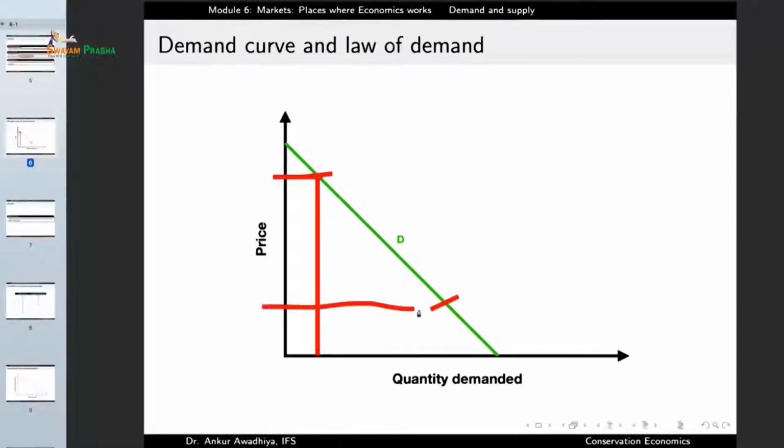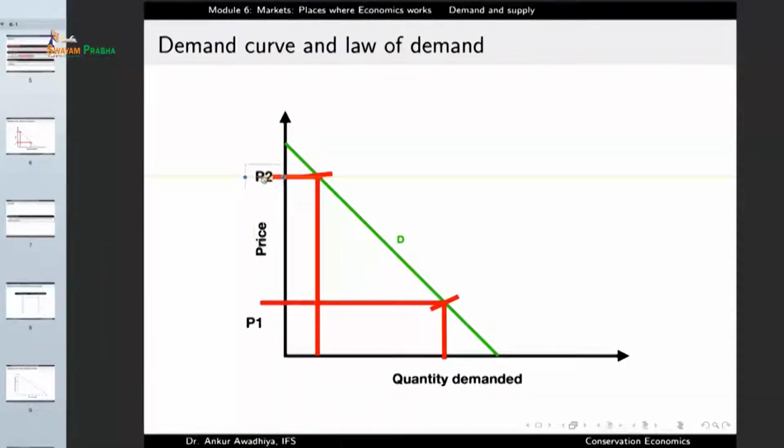So let us draw these lines. So what the law of demand tells us is that as the price increases, so we are talking about these two prices. So this is the price P1, and here you have the price P2.